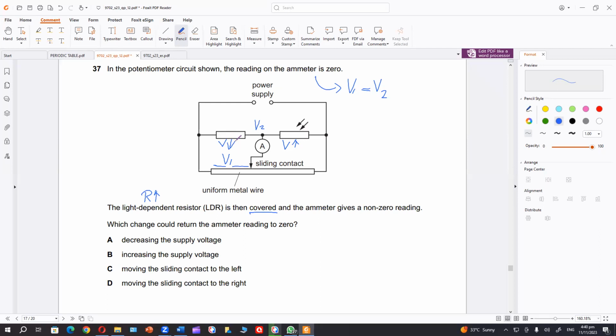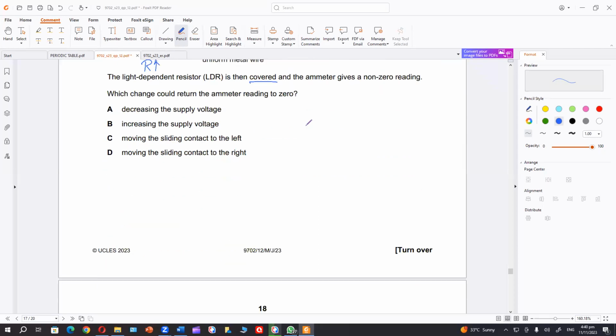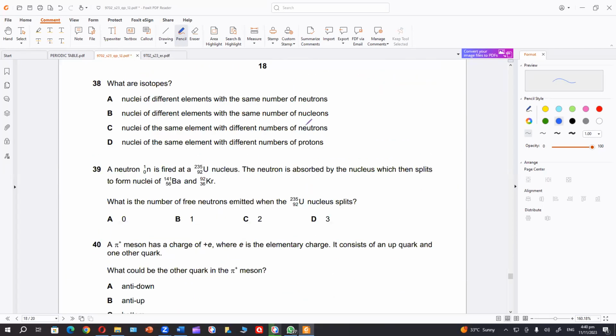When we need to balance it, we move the slider, so it will decrease. So we have to move the sliding contact to the left. When we move it left, V1 will decrease and it will come again equal to the V2. But that was in paper. I think it would be a difficult question.